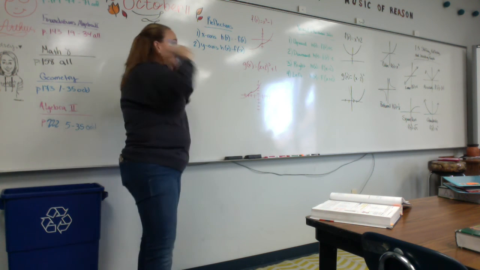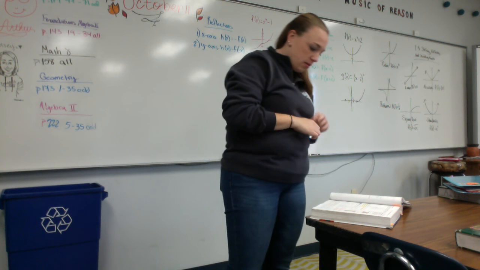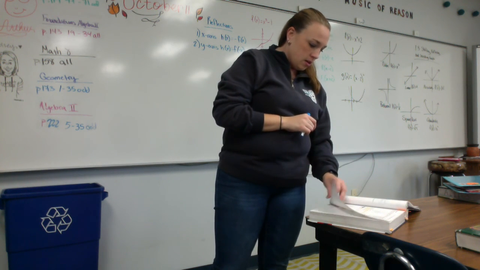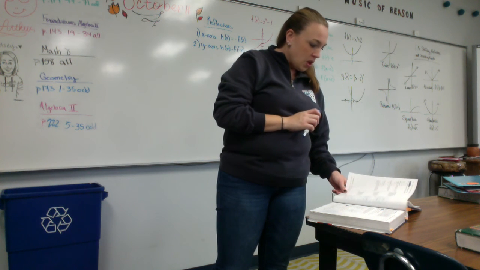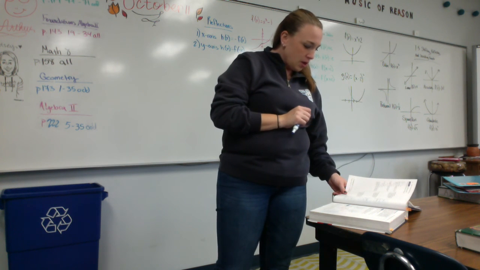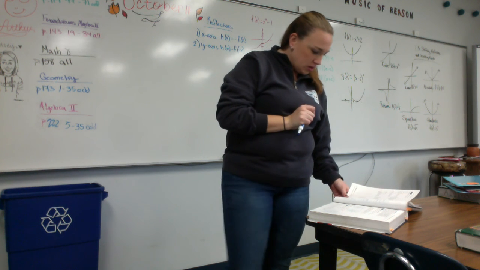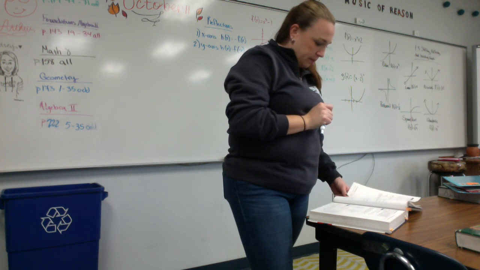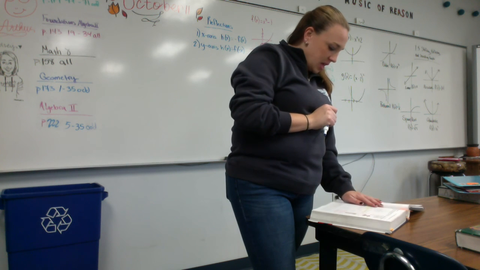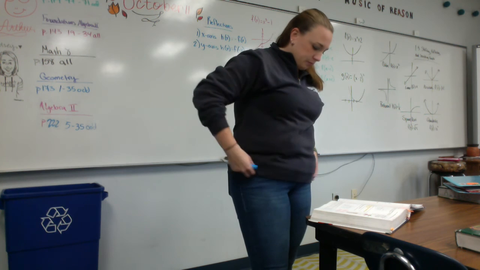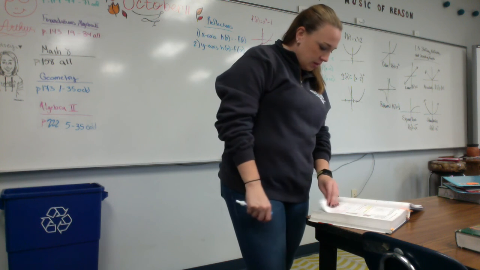It's applied inside of the function, not on the outside. So if it's reflected on the inside of the function, that means it is going to turn left or right. But if it reflects the outside, it's going to flip up or down.